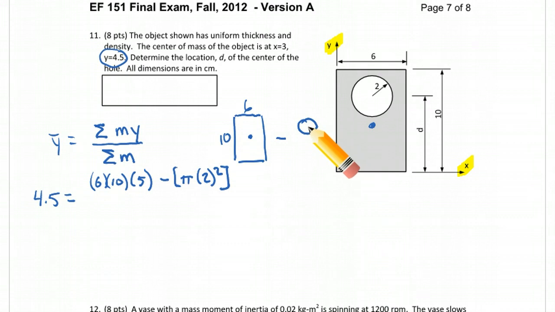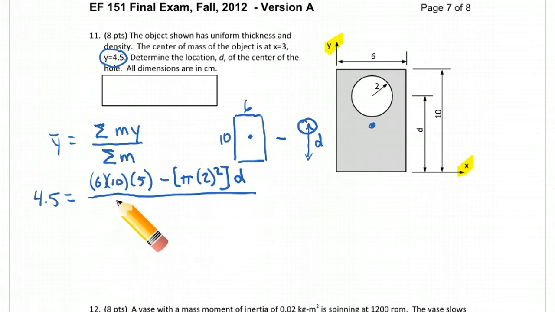The location of its center of mass with respect to the x-axis in the vertical direction is actually the value we're looking for. And then we just repeat these areas that we had up here, 6 times 10 minus pi r squared.